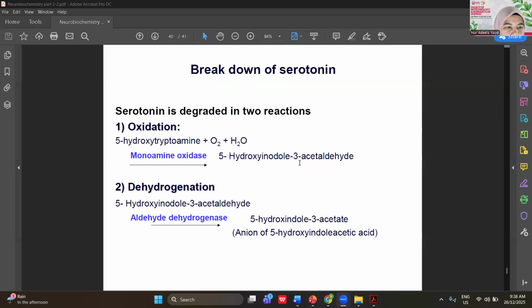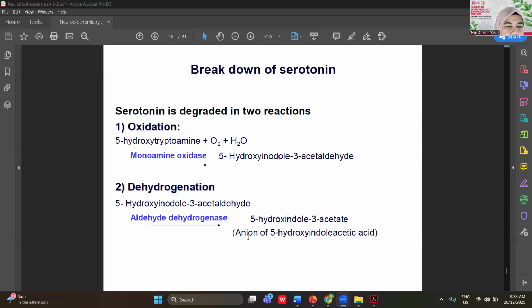This is about the breakdown of serotonin, which is degraded in two reactions. One is oxidation, where 5-hydroxytryptamine is oxidized by the enzyme monoamine oxidase, converting serotonin into 5-hydroxyindoleacetaldehyde using oxygen and water. This is followed by dehydrogenation, where the molecule is broken down by the enzyme aldehyde dehydrogenase to 5-hydroxyindoleacetic acid, the primary metabolite of serotonin.